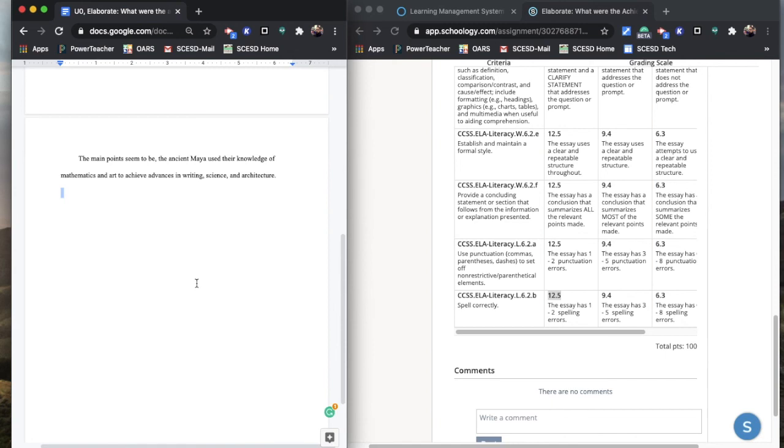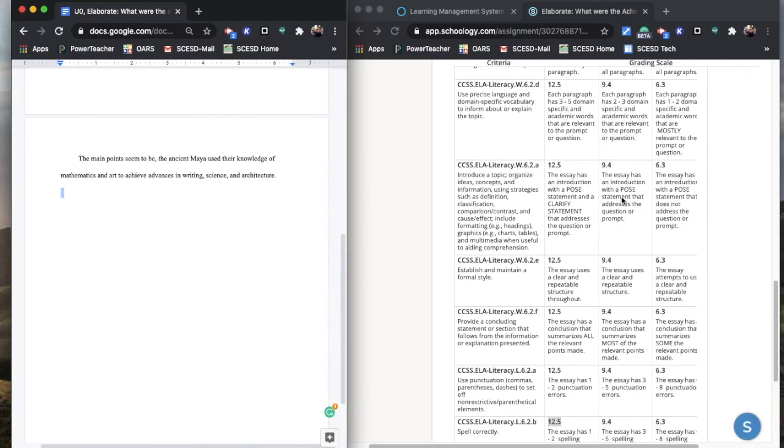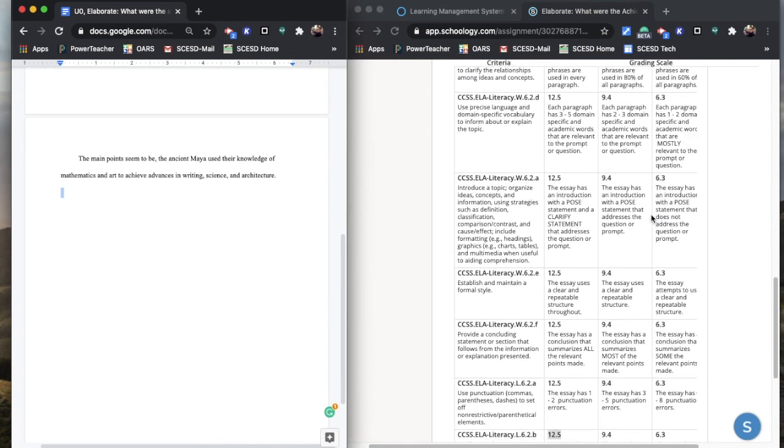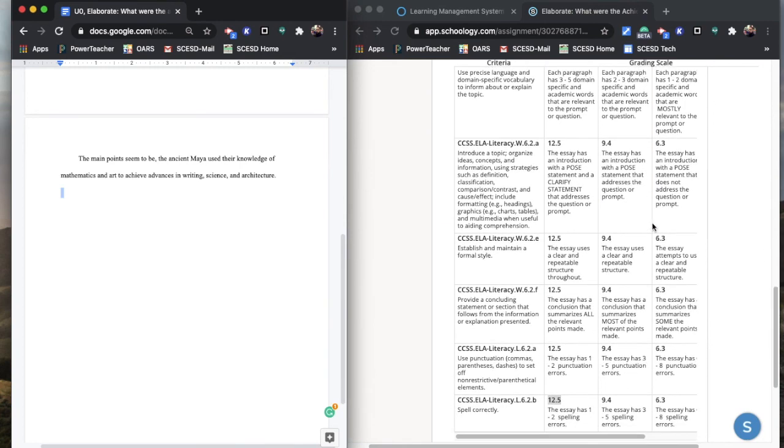We had no spelling errors. We're good to go. So far, I think this is really close to 100%. I think the only thing we got a 9.4 on was, no, I don't think we got it on anything. We switched everything so that we got the full amount of points.